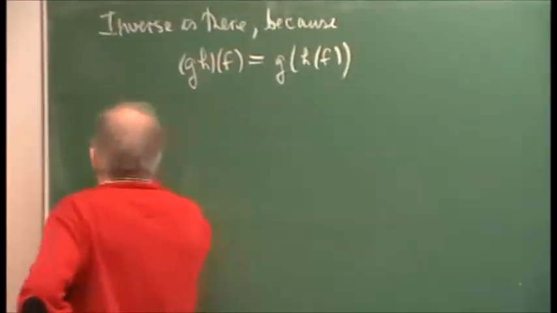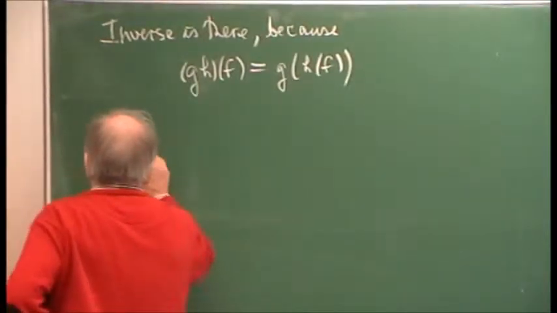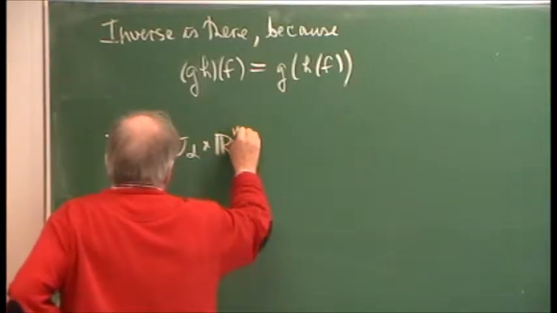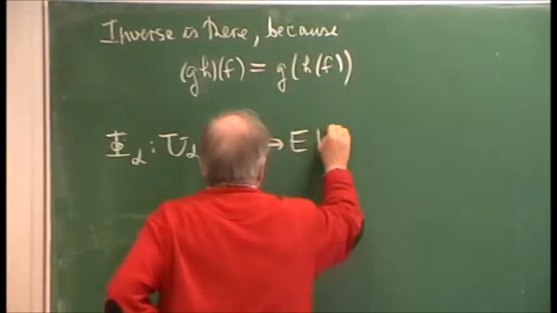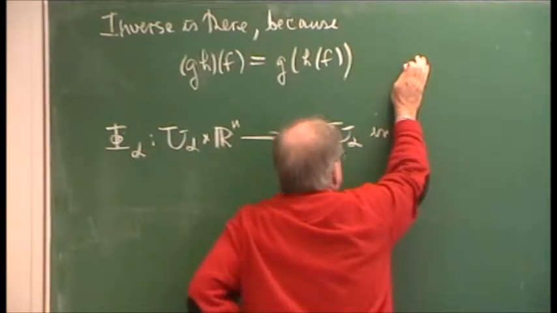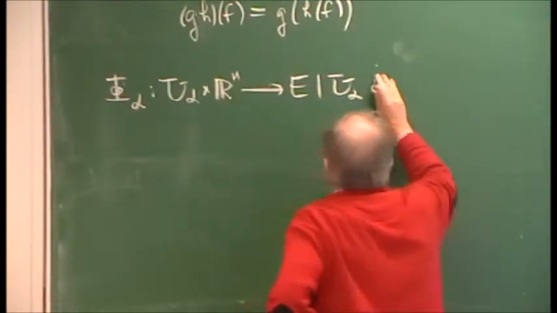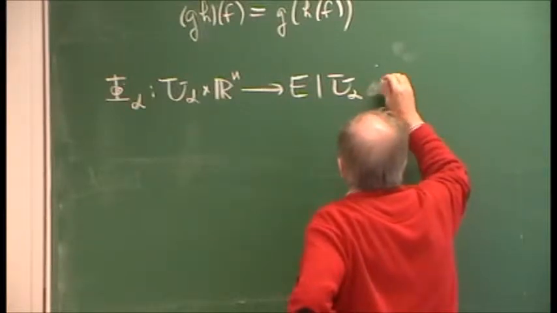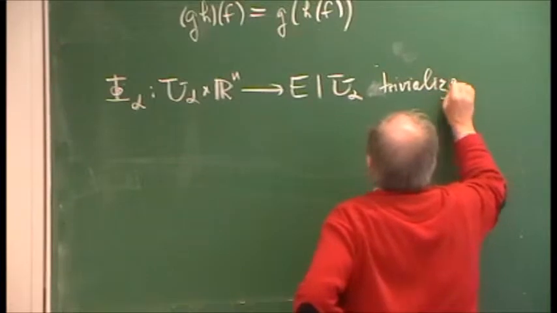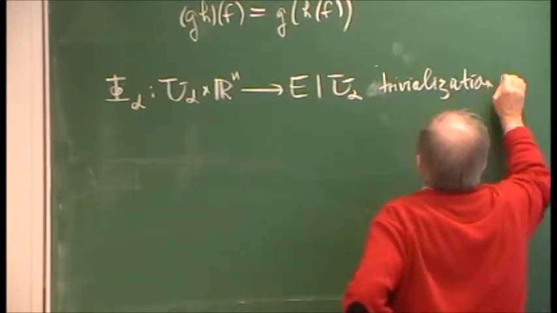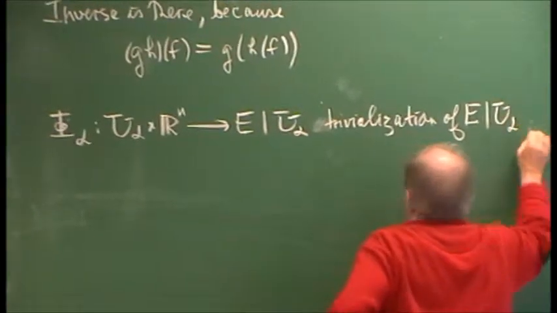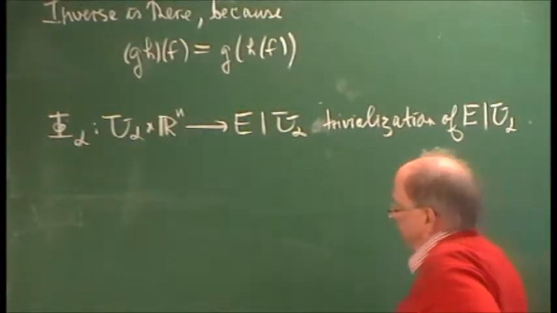So, if phi alpha from U alpha cross Rn into E restricted to U alpha is, suppose this is the local trivialization of the bundle E. All right.